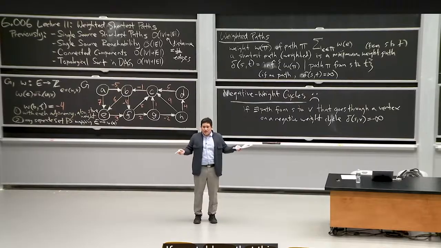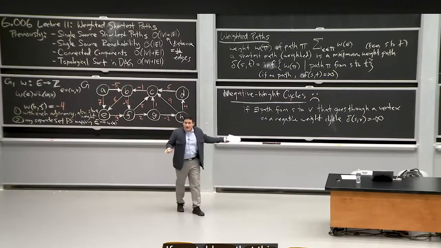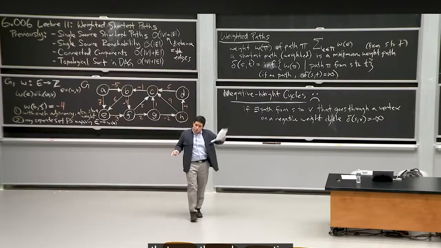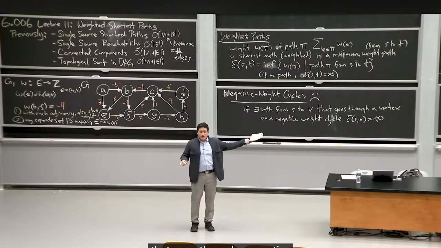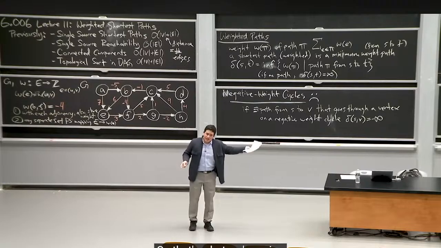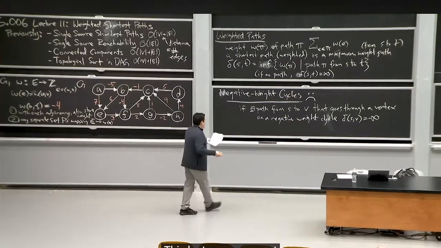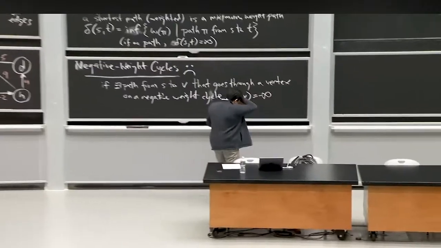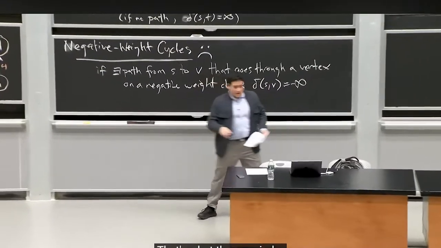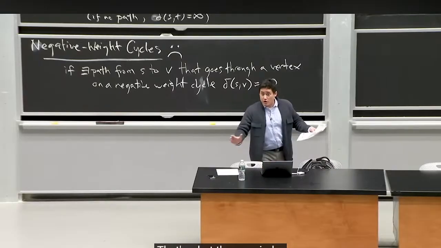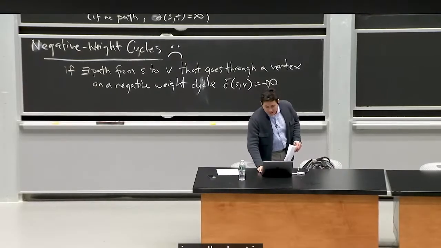If you told me that this thing has bad weight, maybe I want you to tell me what a path is that goes through a negative weight cycle to get back to S. So that's what we're going to talk about next lecture. This lecture, we are not going to talk about that. We are going to talk about weighted shortest paths, though. That's what the remainder of this unit on graphs is really about.